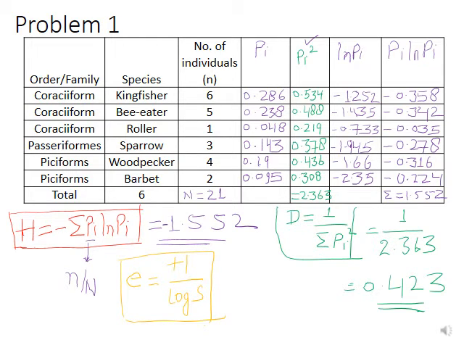We have the Shannon value here, minus 1.552, and what else do we need? Log S. S is the number of species, which is 6. It will give a value 258.7.